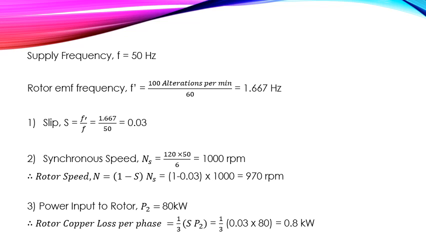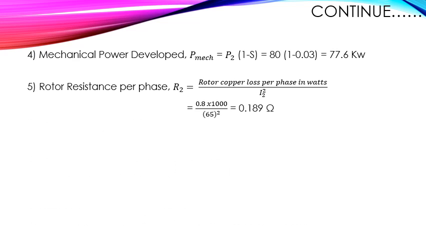Using that we can find the rotor copper loss per phase. As it is asked per phase, we divide by 3 and multiply by slip S, and we get the rotor copper loss per phase as 0.8 kilowatt.